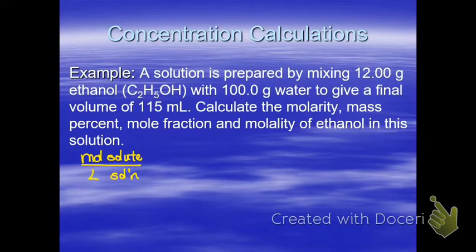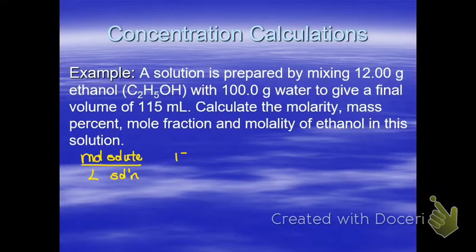So let's look at the information that we are given and think about how I find these two pieces. We're going to treat ethanol as the solute and water as the solvent. So I need moles of ethanol, which the problem did not give me, but I can get it.